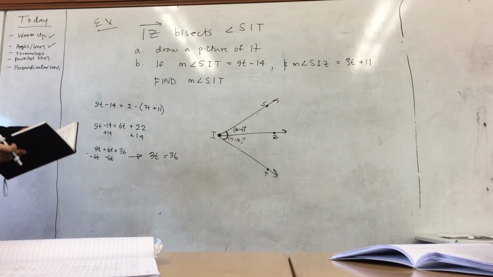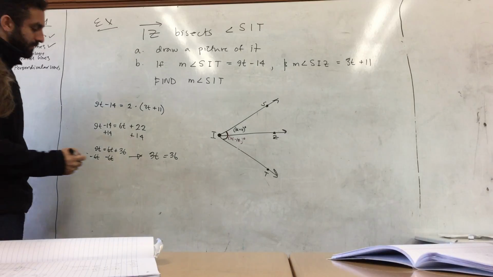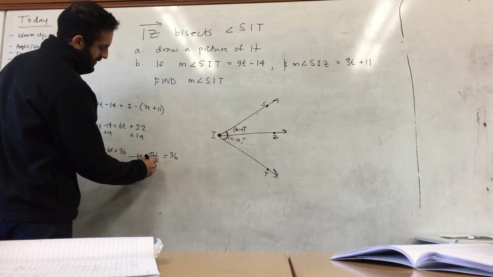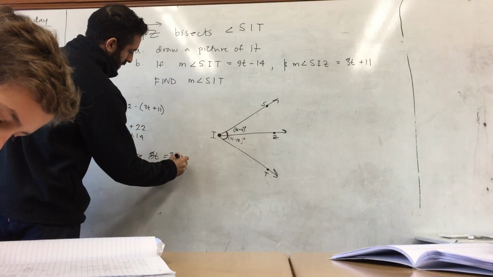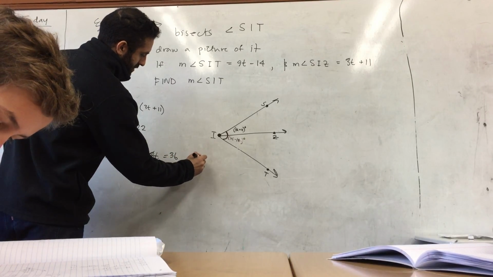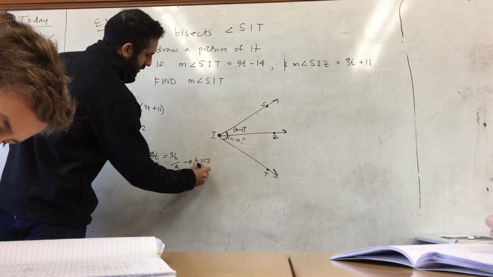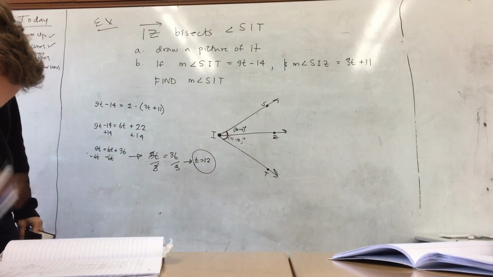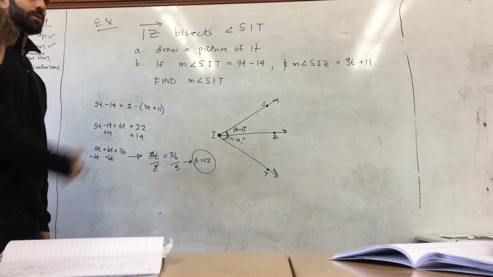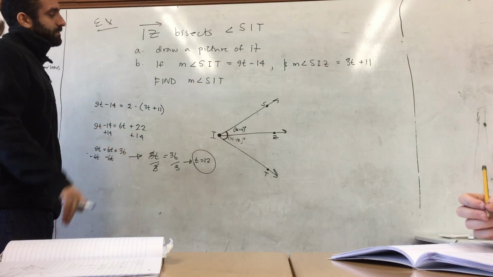And then, what's t equal to? Divide by 3. T equals 12. Iris, are we done with the problem? Hopefully. Nice. Iris, give her a chance. Are we done? We're not done.